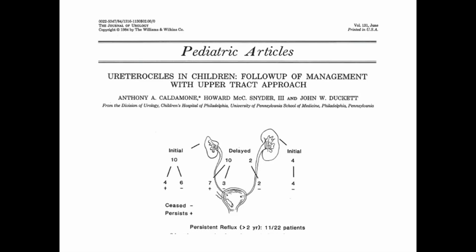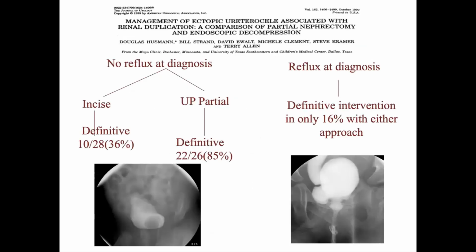Next slide. So the question is, is there any role, what happens if you do an upper pole or simplified approach? At Texas and Mayo, they had a series where they compared incision and upper pole partial nephrectomy in children that didn't have reflux and children that did. If you incise it, it's definitive in only 36%. Why is that? It's probably because you caused iatrogenic reflux, predominantly to the upper pole.